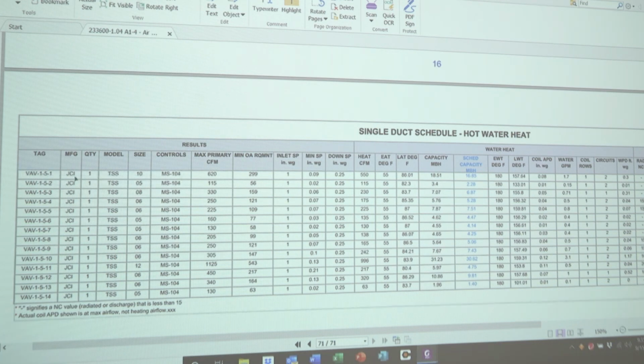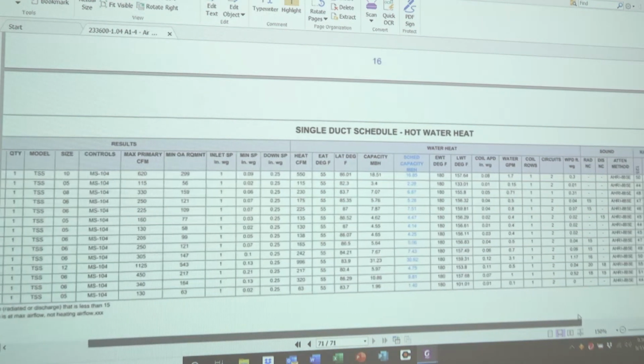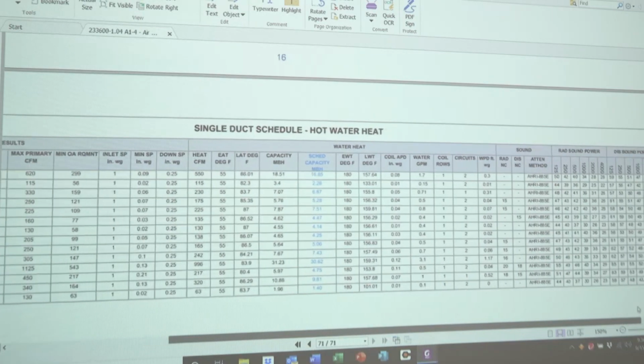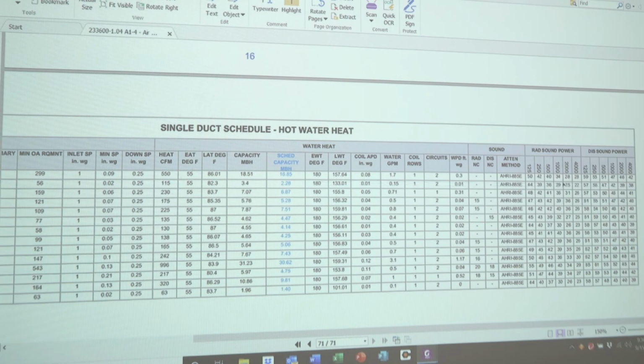You see the manufacturer, the quantity of boxes, which they're all obviously 1, the model of the VAV, which is a TSS, your size, which is based on your inlet size, your controls sequence, your airflows, your max, your min, your inlet static pressures, your static pressure in inches of water gauge, your heating CFMs, your entering and leaving air temperatures, BTU capacities, entering water, leaving water conditions, your pressure drops, your water flows, rows of coils, circuits, sound data, discharge and radiant.